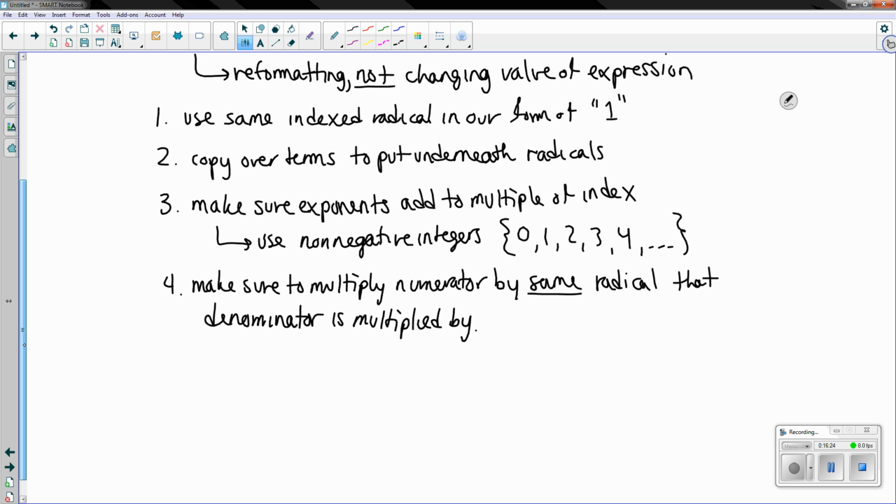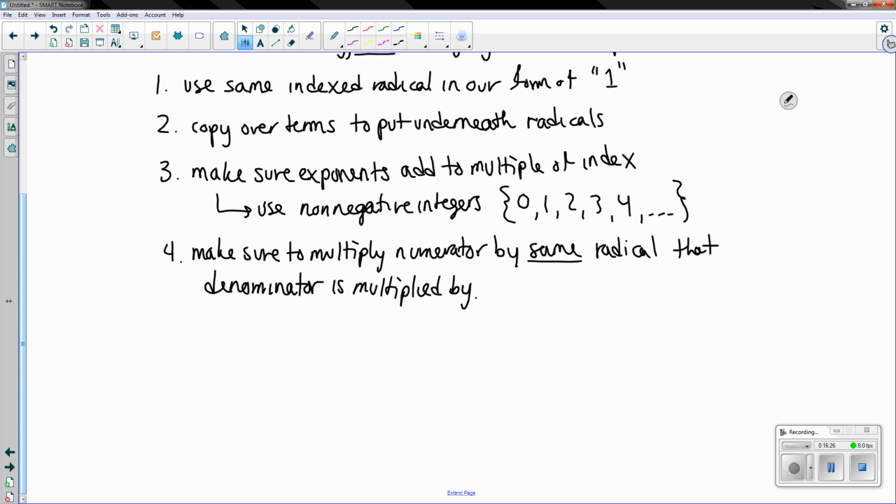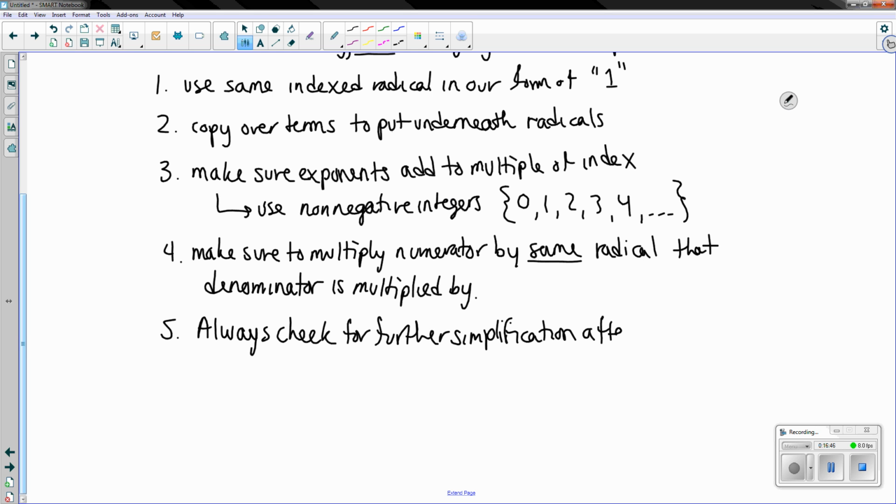Once you've done that and you've successfully eliminated the radical from the denominator, always make sure to check for further simplification after the rationalization.